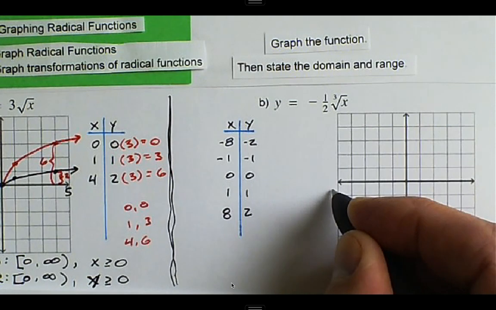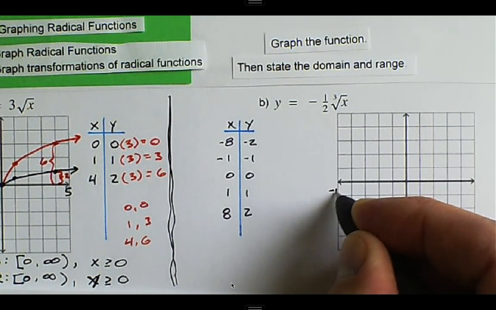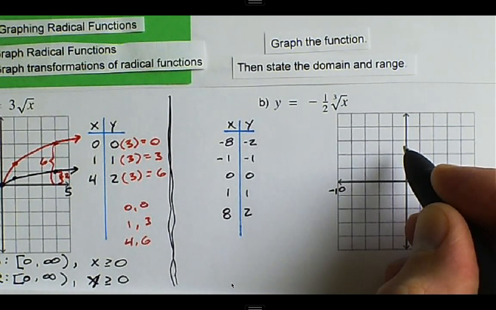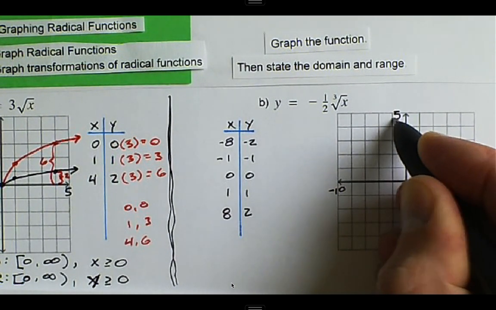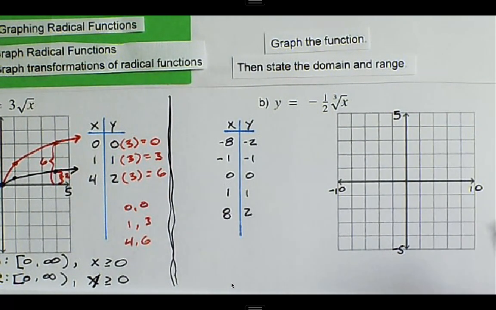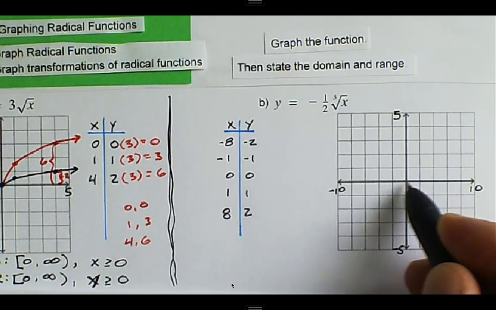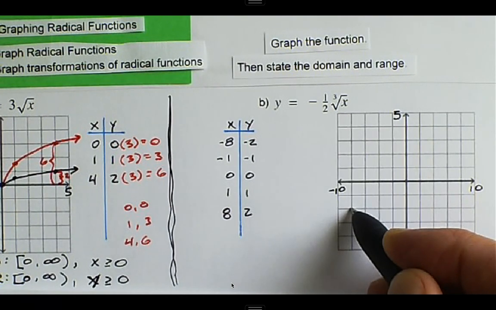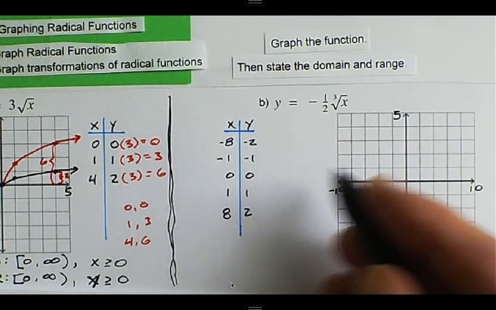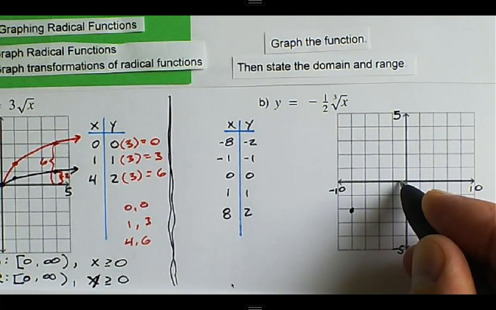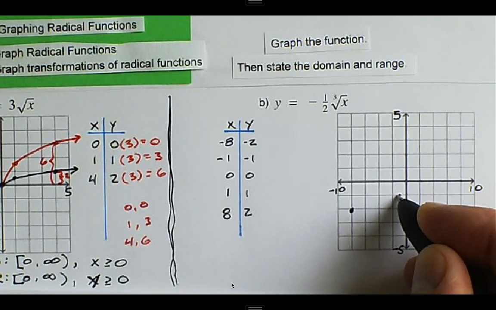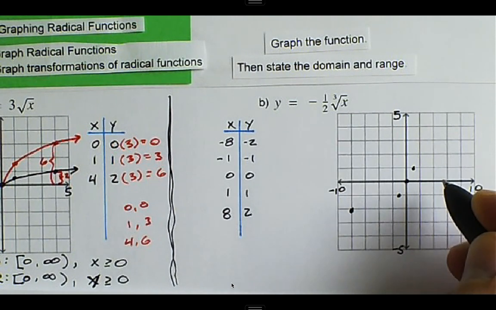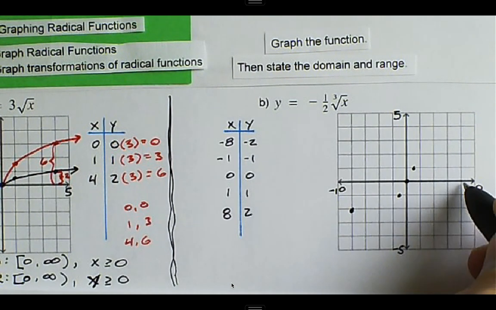So let's do -10, 10, and we can say 5 and -5. So -8 is right there, and -2, and -1, -1, 0, 0, 1, 1, and 8, 2.